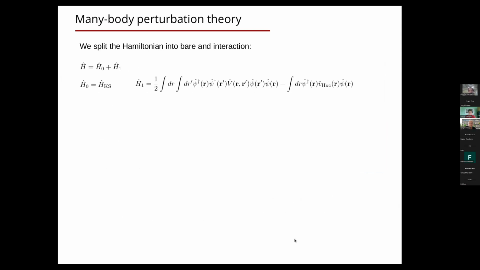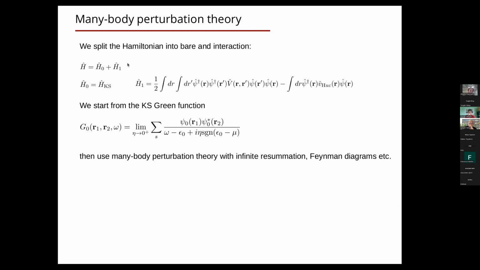Then, in order to construct a many-body perturbation theory, we need a bare Hamiltonian and a perturbation. And what we do is take the Kohn-Sham as the bare Hamiltonian, and the difference between the Coulomb interaction and the Kohn-Sham potential, the Hartree Kohn-Sham potential, as the perturbation. Then we define a non-interacting Green's function, which actually is the Kohn-Sham one, so constructed with energies and wave functions from a density functional theory calculation.